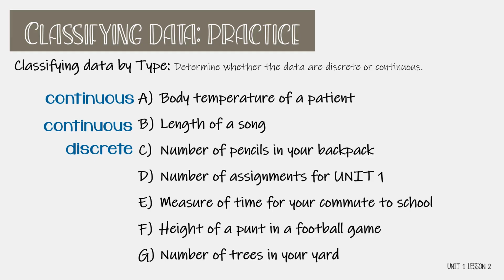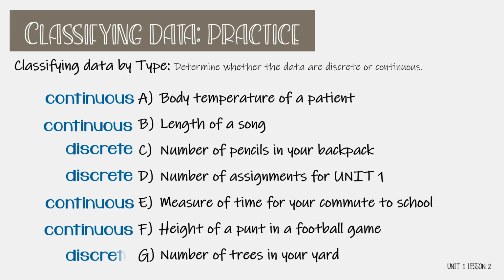We don't measure that, we count that. We can measure the length, but that's not what they're asking us. Number of assignments is countable, so that's discrete. A measure of time for your commute to school is continuous, that's measured. Height of a punt in a football game is also continuous, that's measured. And number of trees in your yard is countable, so that is discrete.